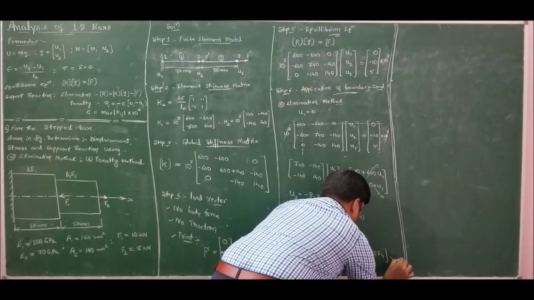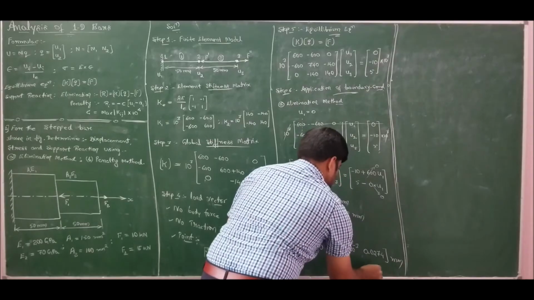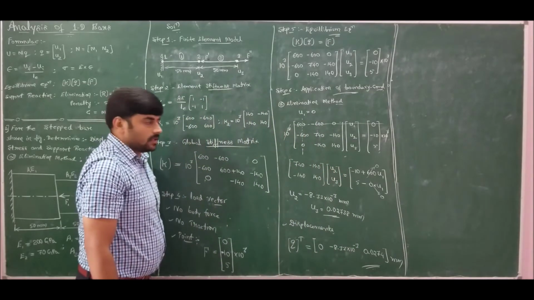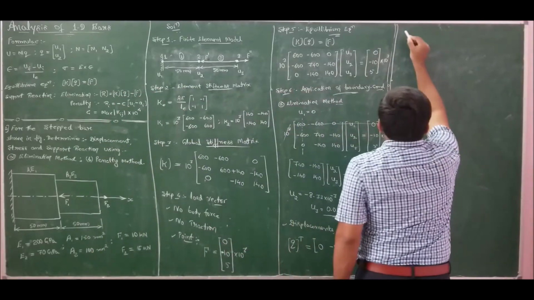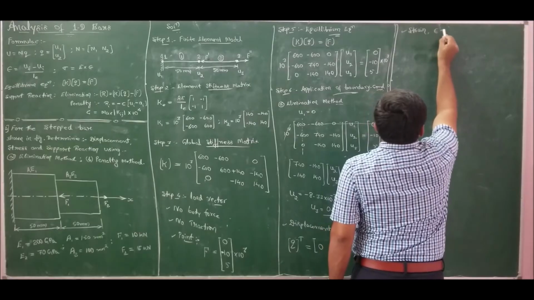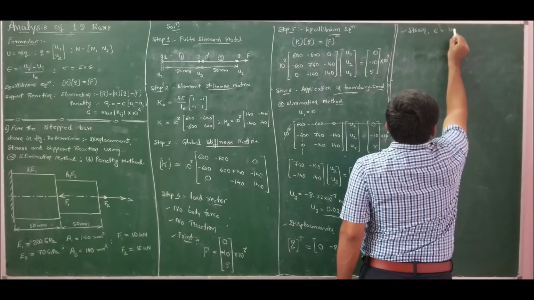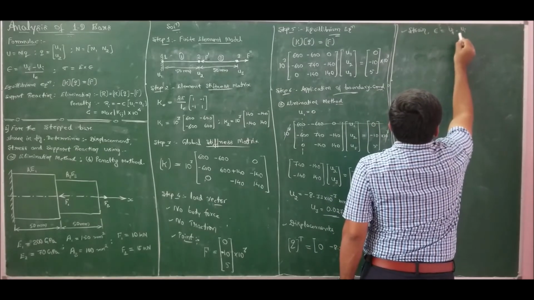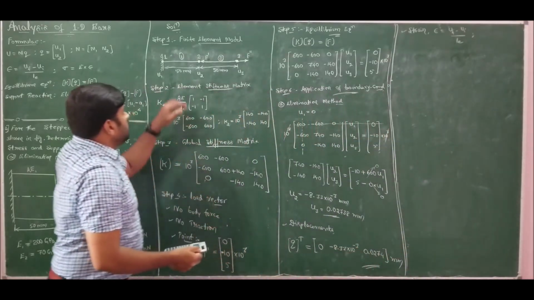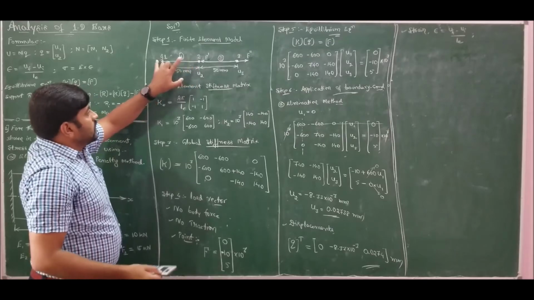All are in millimeters. So this is the displacement I got from the elimination method of handling the boundary condition. Now moving on to the calculation of strain. We know that strain epsilon is given by U final minus U initial divided by the length of the element. So for element 1, 2 is the final node, 1 is the initial node.